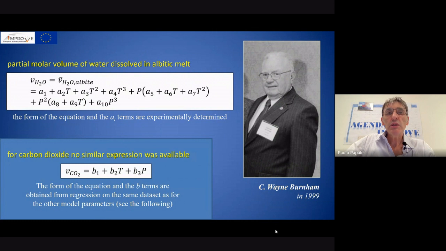With the definition of the reference molar volumes, the very last step remaining is the definition of the excess Gibbs energy of the melt. Once we have it, we can compute its partial derivative with respect to the number of moles of dissolved water or of dissolved carbon dioxide and obtain the activity coefficient of each dissolved volatile.